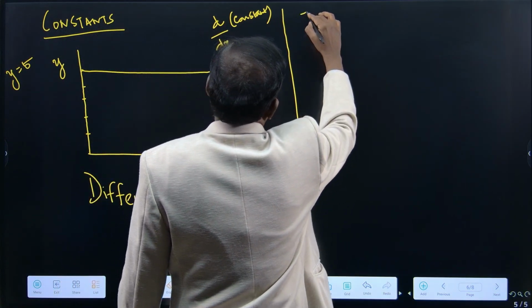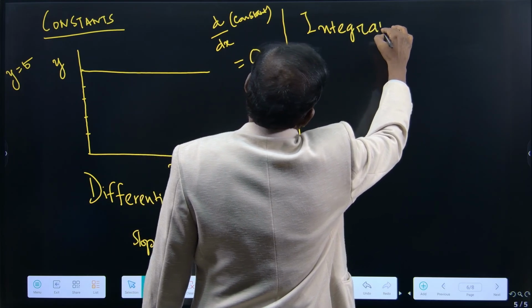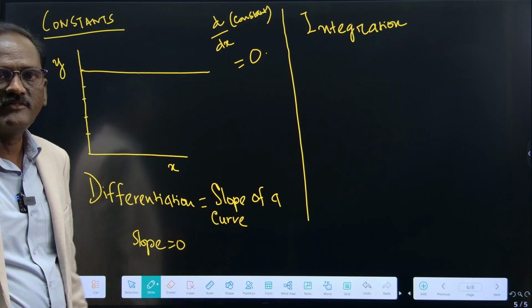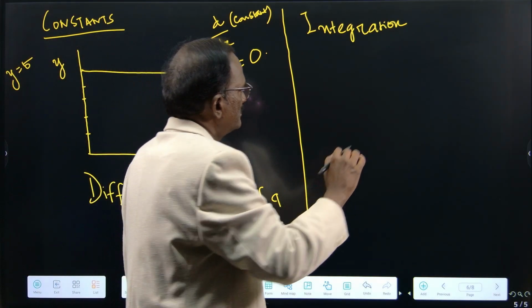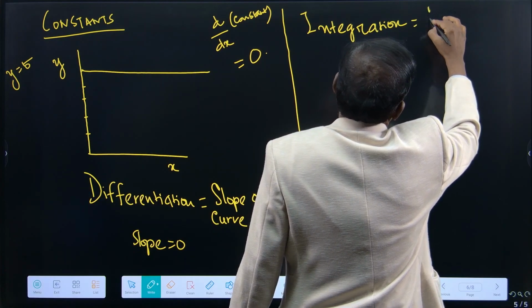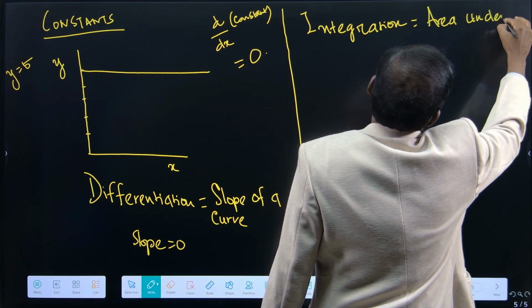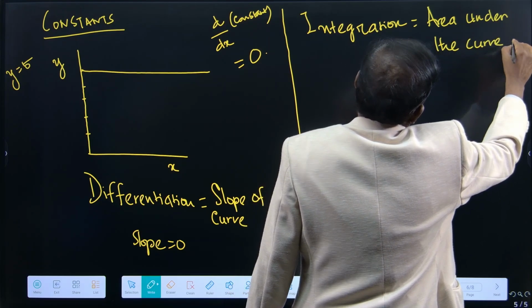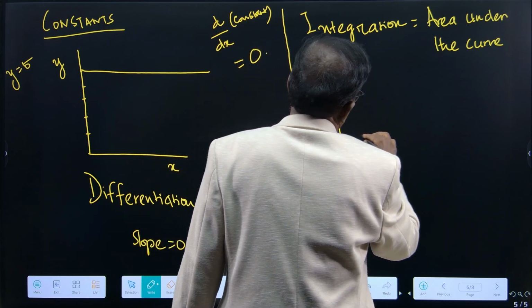Then for integration. Differentiation is equal to slope of a curve. Finding the slope of a curve is the differentiation process. Integration is the area under the curve. Let us have the same curve.